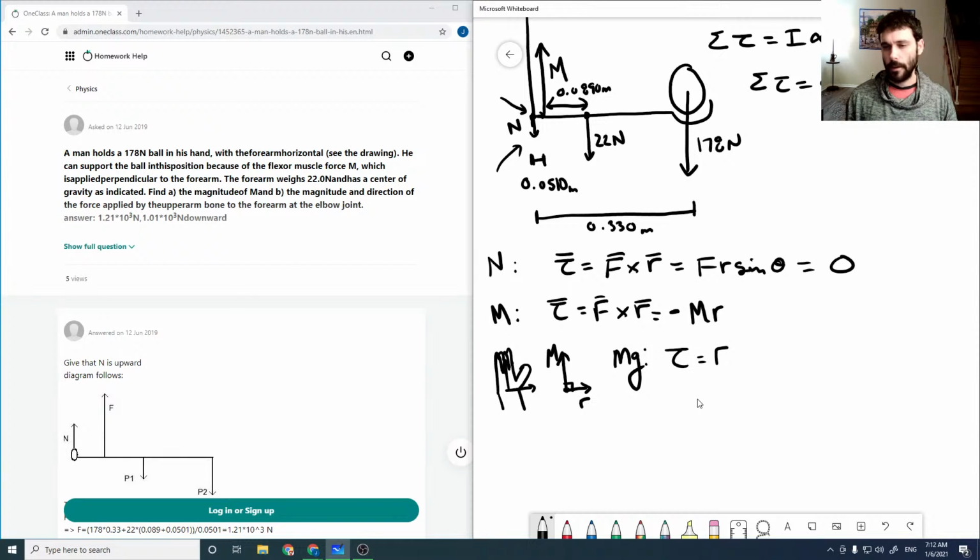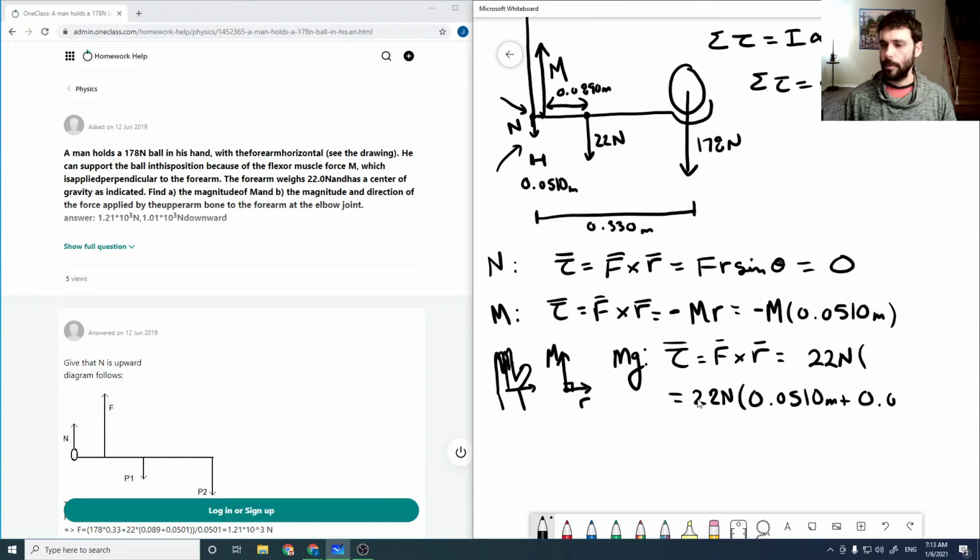Torque is F cross R, which is equal to 22 newtons as the force, and the R is the 0.0510 meters plus 0.0890 meters, which is 22 newtons times 0.1400 meters.